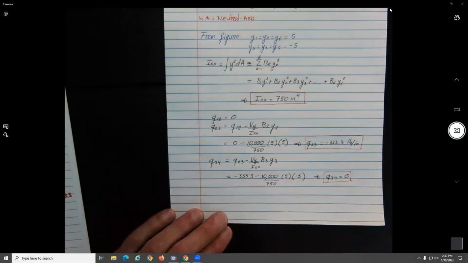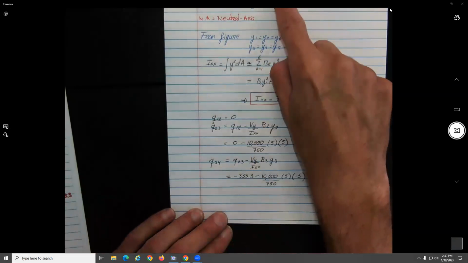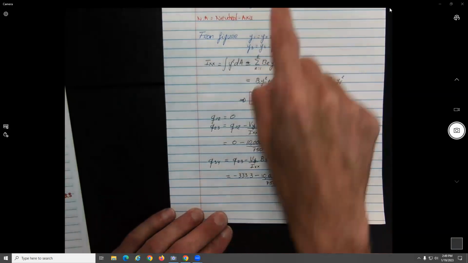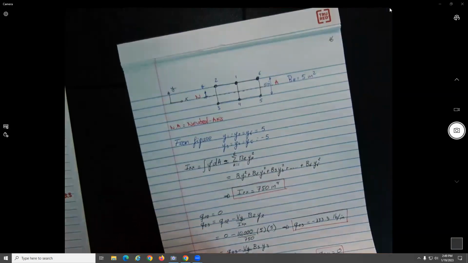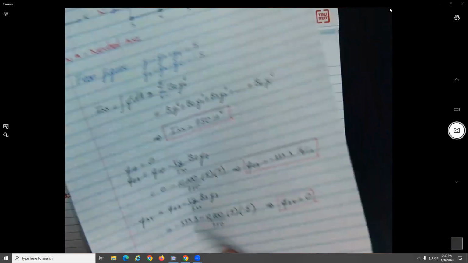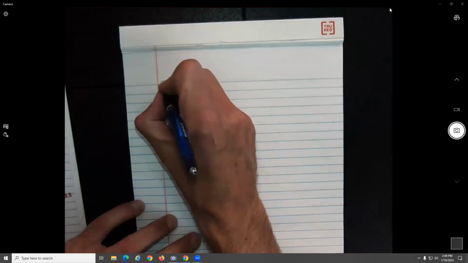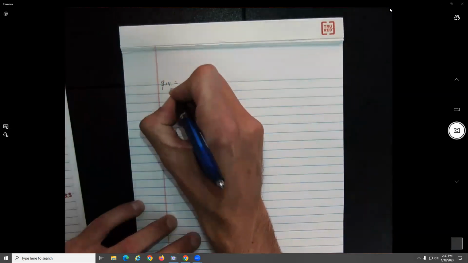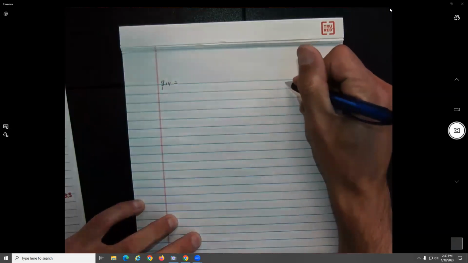Now we need to be careful here with 4, 5, because 1, 4 is common to both cells. So let's see what happens. Maybe when we do another figure. The next one we're going to have is Q14. But let me do the figure here again.